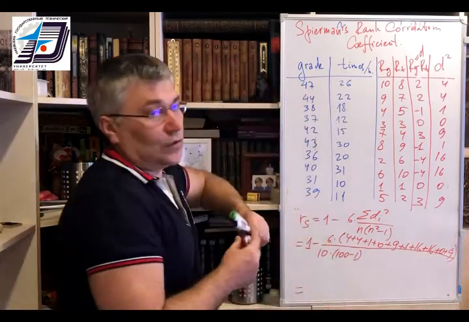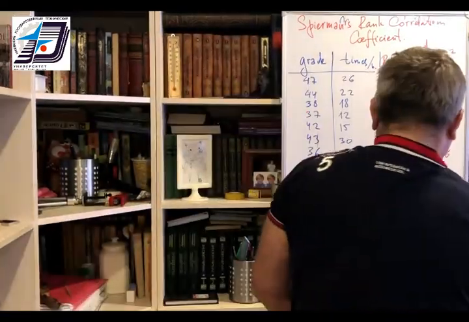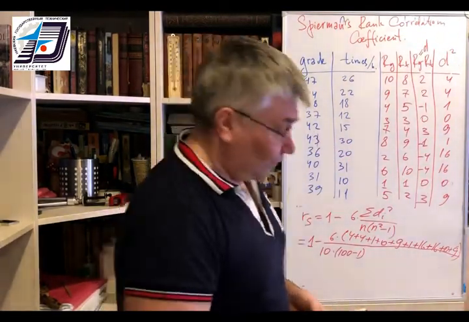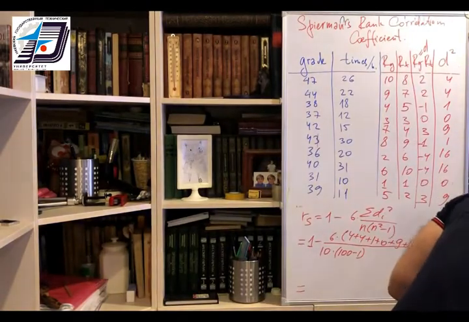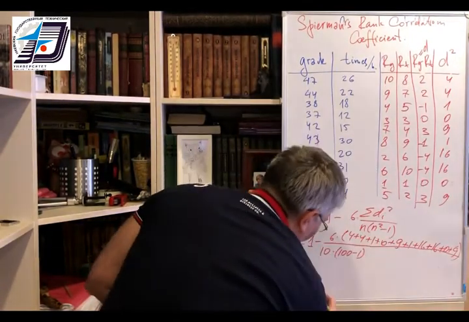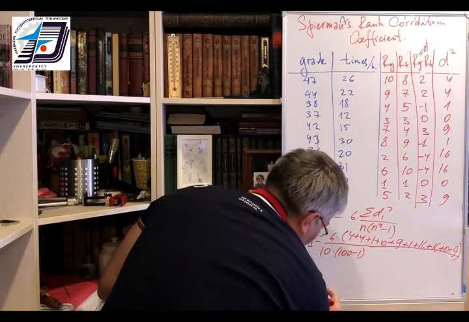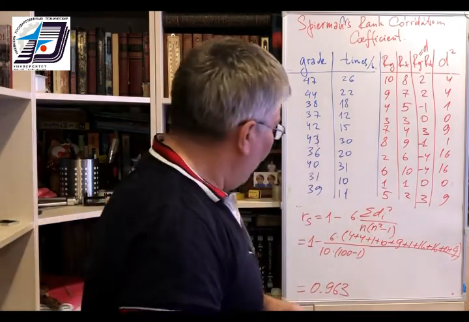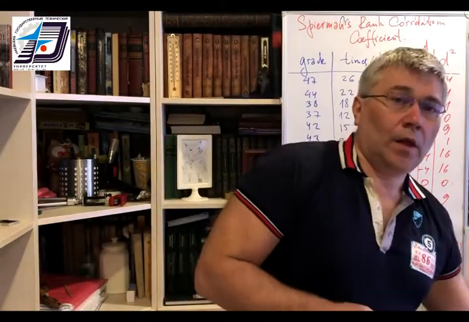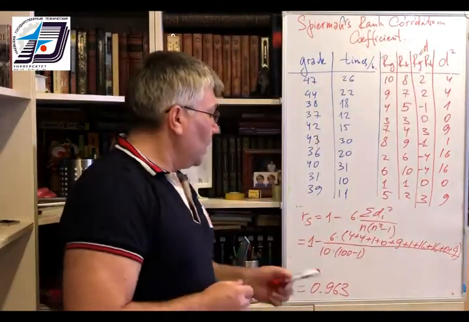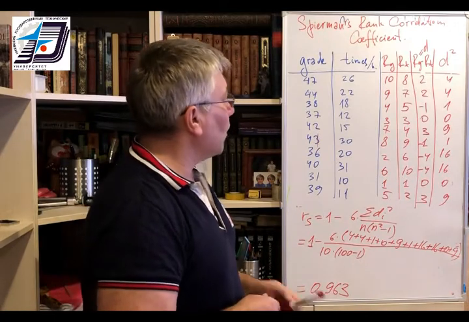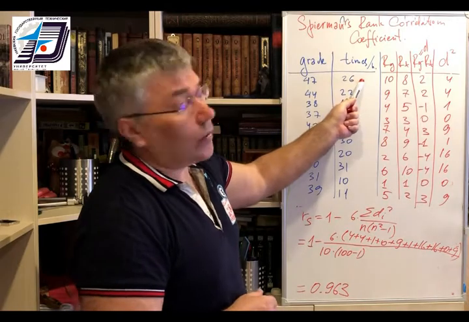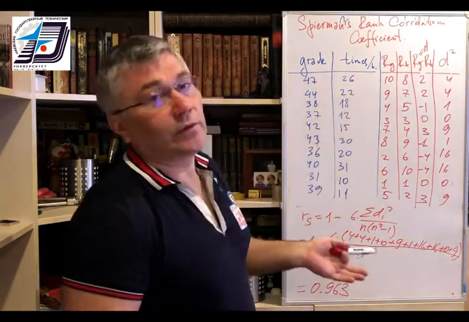Now we can calculate this result. I calculated it using Excel, and the result is 0.963. What does it mean? It means that there is a very strong correlation between the grade of the student and the time which they spend on drilling their skills.